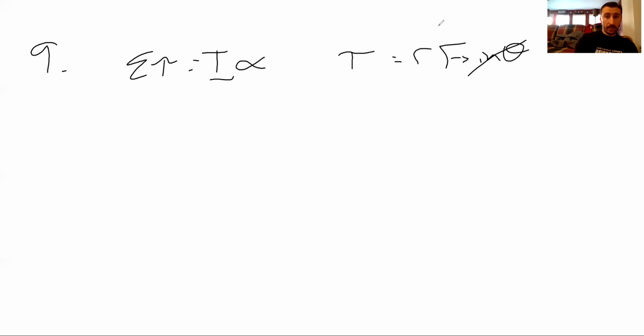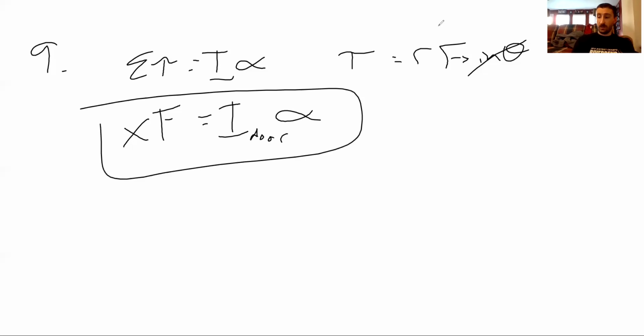So the distance is going to be x, force is that, equals the moment of inertia of the door, which is going to stay the same, times alpha. So it produces some acceleration alpha. That's what the problem tells us, right?